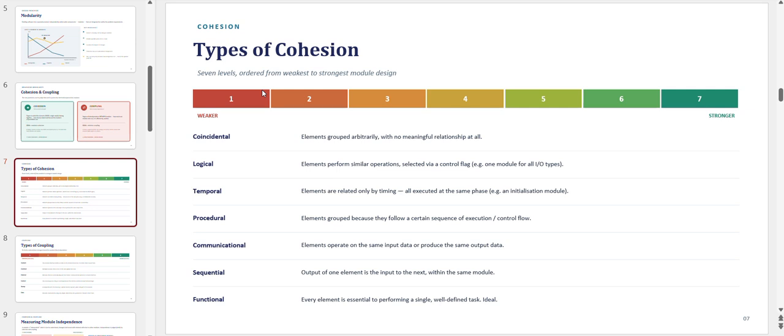Seventh, functional: every element is essential to performing a single well-defined task. This is the ideal.